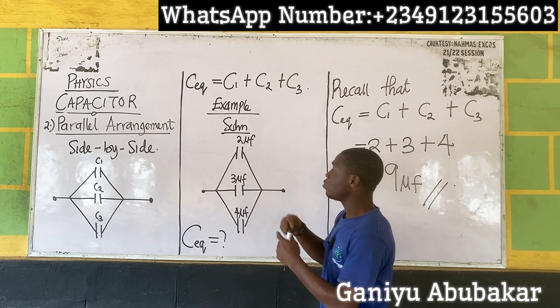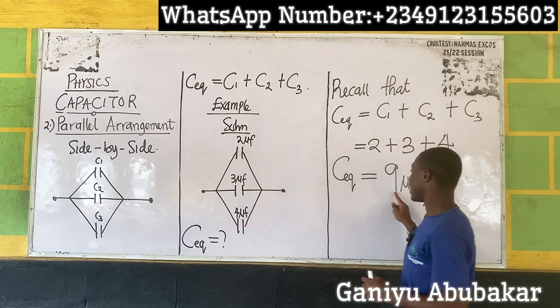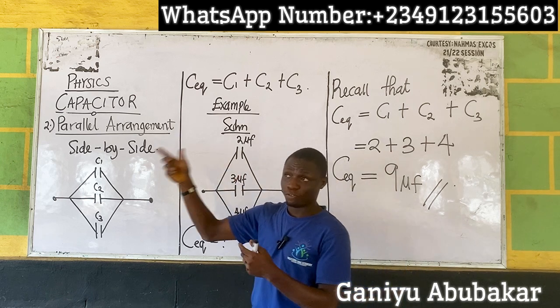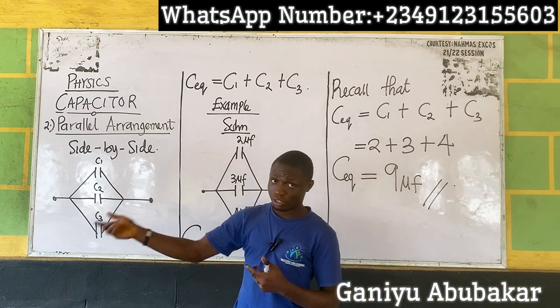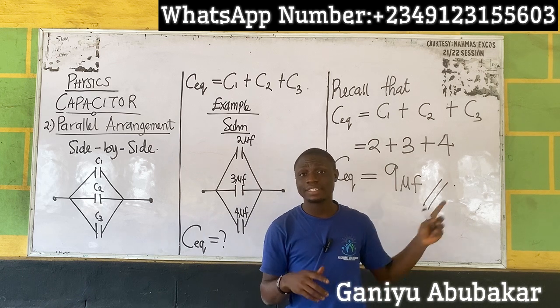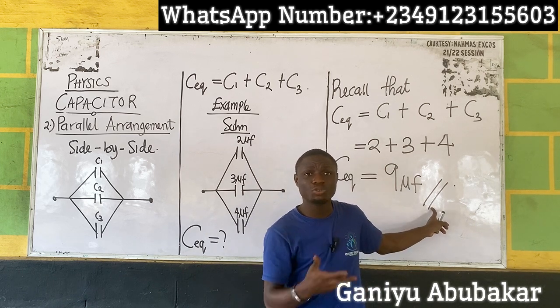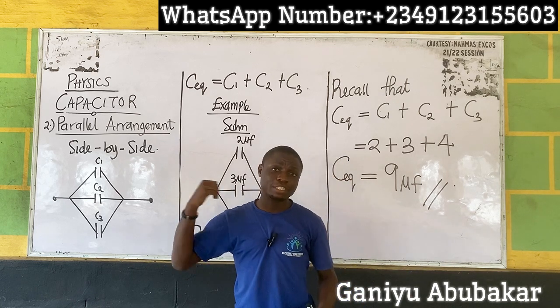When I used parallel, I had a greater value, that's 9. So between 9 and 0 point something, the highest value is 9. So it means that a parallel arrangement of capacitors tends to give you a higher value than a series arrangement.